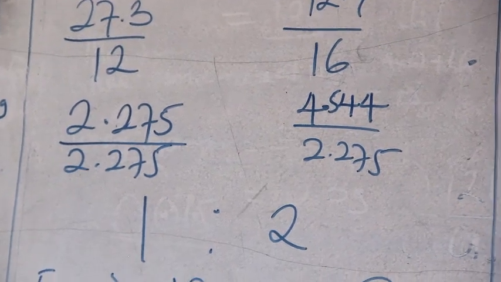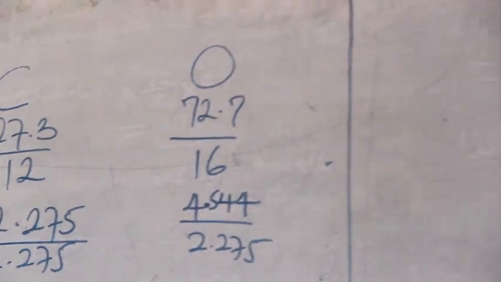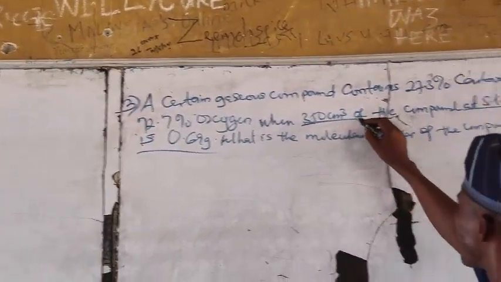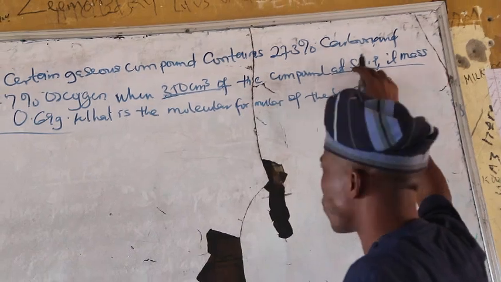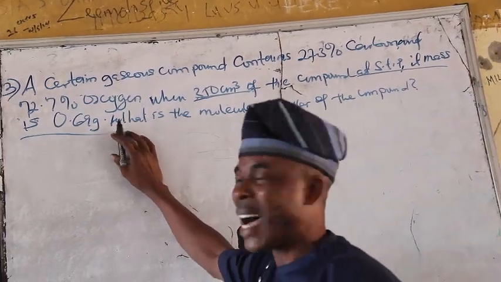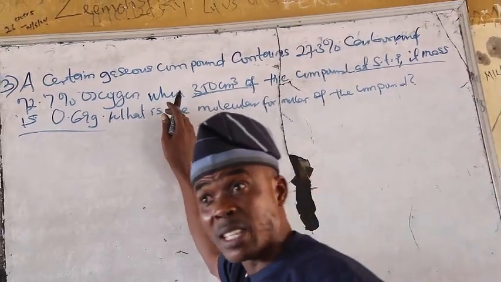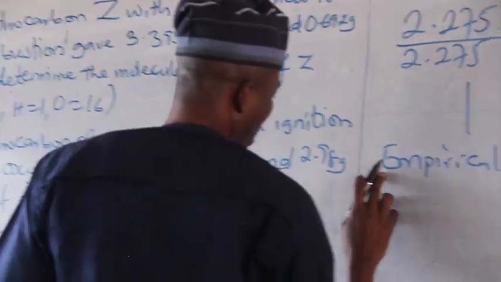So how do we determine the molecular mass of this compound? We are told that 350 centimeter cube of the compound at STP contains 0.69 gram. How do we convert this information to the molar mass or the relative molecular mass? We can use this formula to do that.